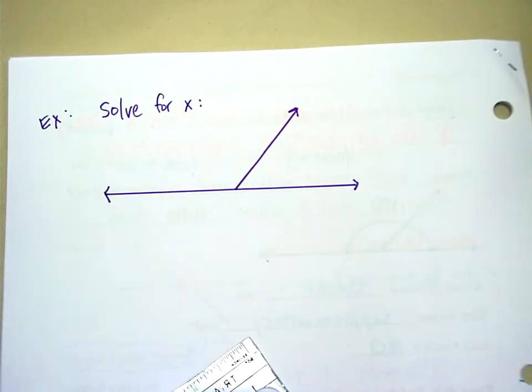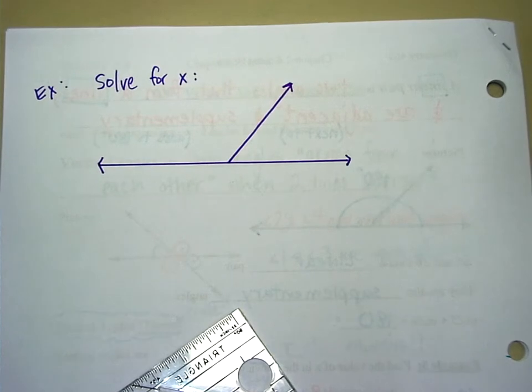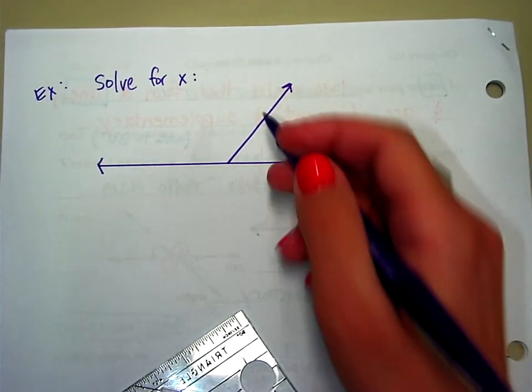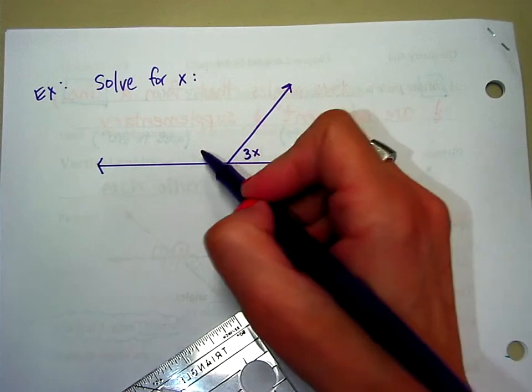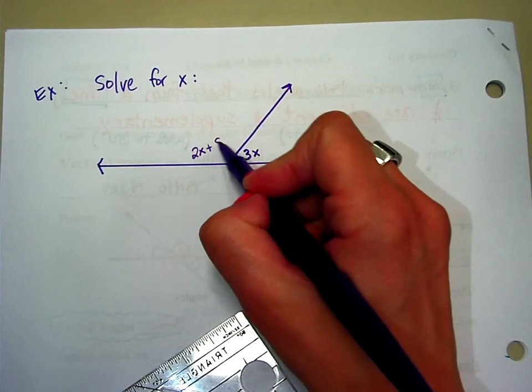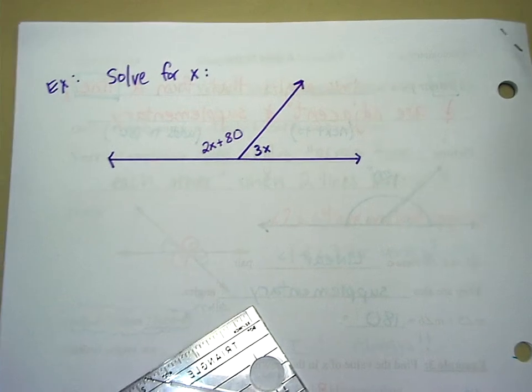So if you guys could draw that on your paper. And this angle over here on the right is going to be 3x, and then this one on the left is 2x plus 80. So 2x plus 80 and 3x.